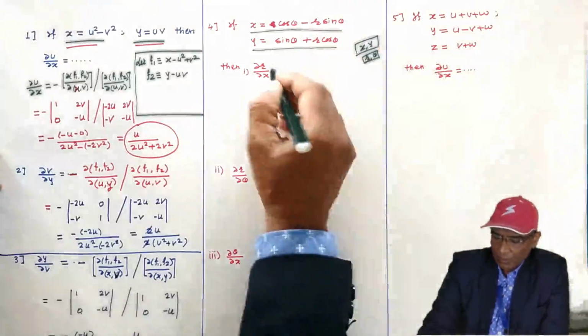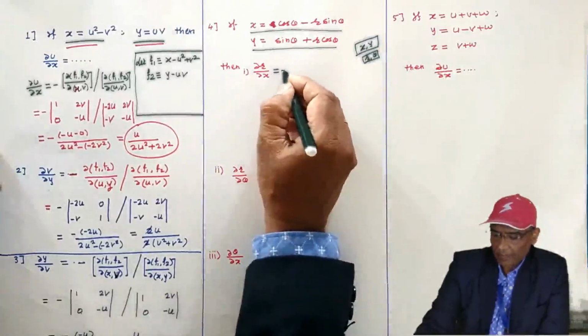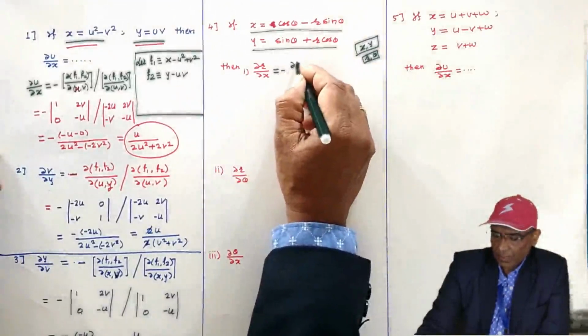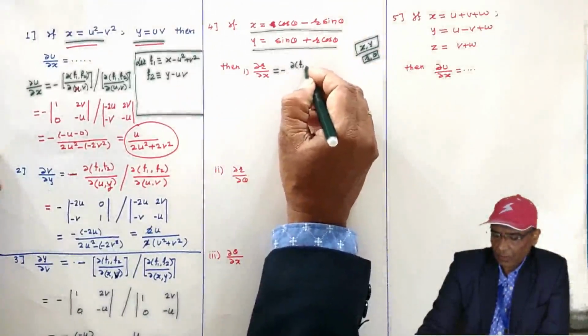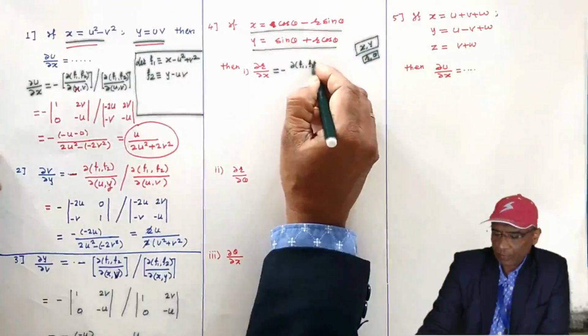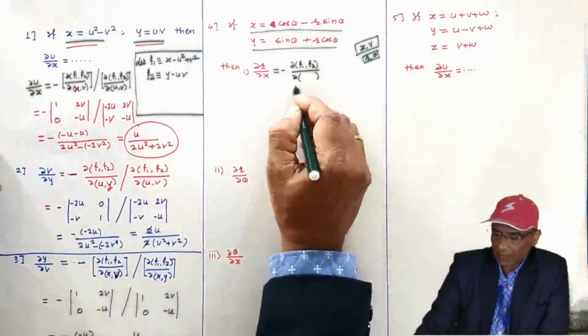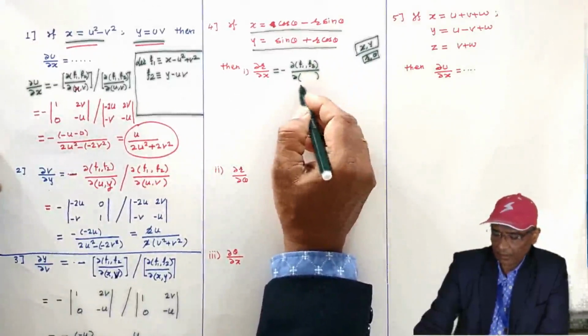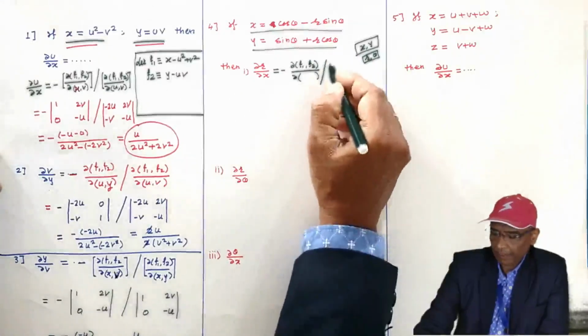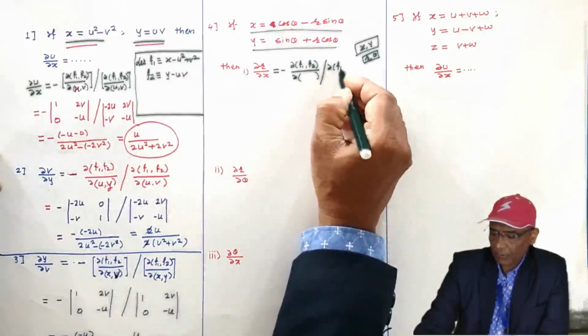The formula I am writing: minus, Jacobian. It's a 2 by 2 variable case, f1, f2, only 2 equations are there. If 3 equations are there, f1, f2, f3, like that. This divided by f1, f2.